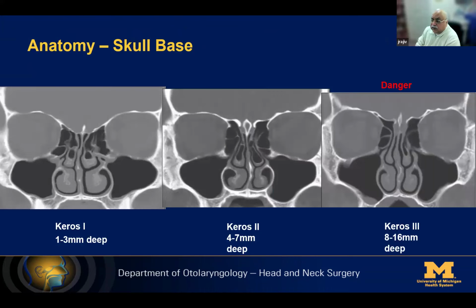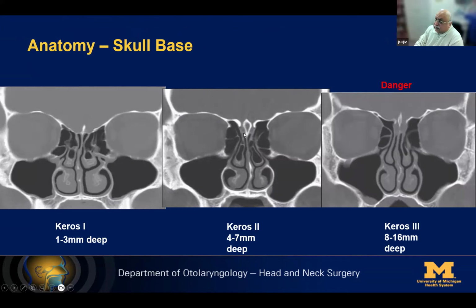One of the most important measurements which surgeons will always make is to look at the depth of the cribriform plate, and this is termed the Keros classification. The distance between the lateral aspect of the fovea ethmoidalis and the floor of the anterior cranial fossa at the level of the cribriform plate is measured.